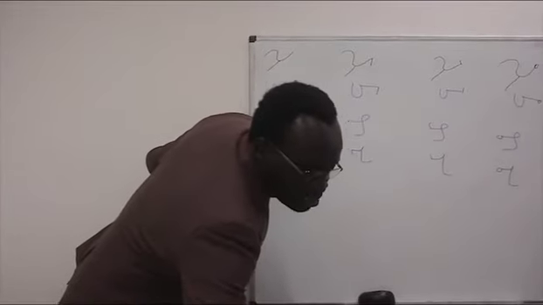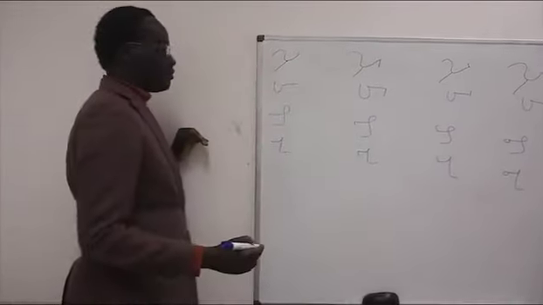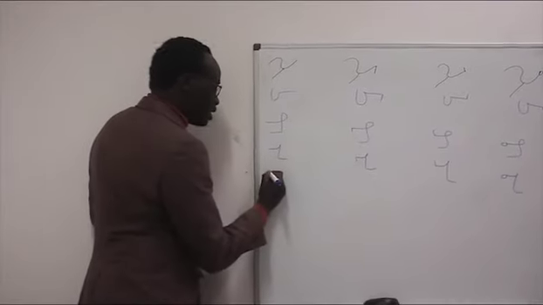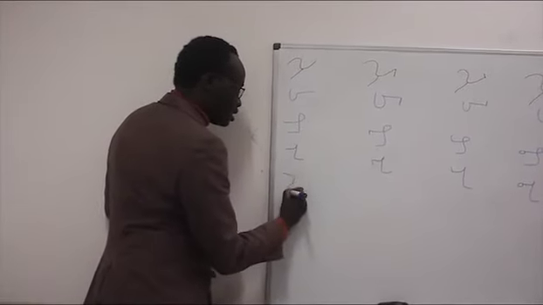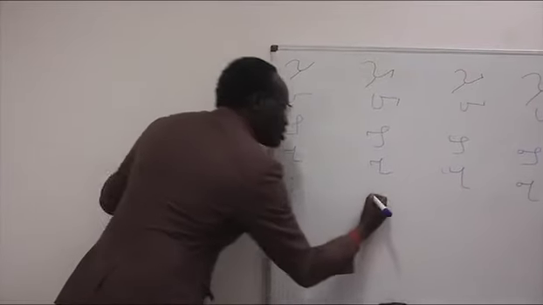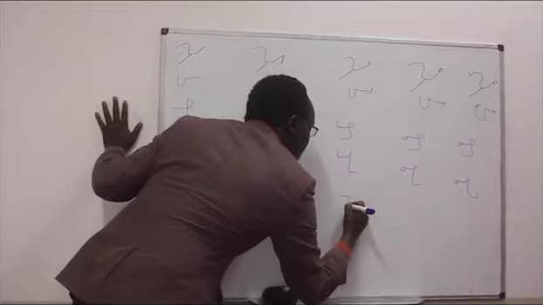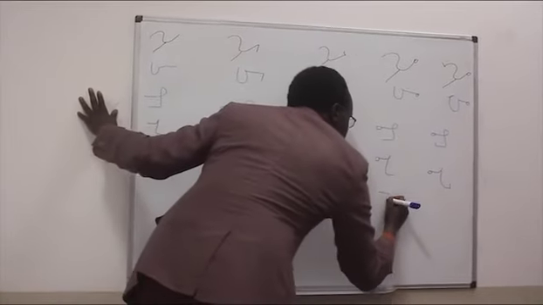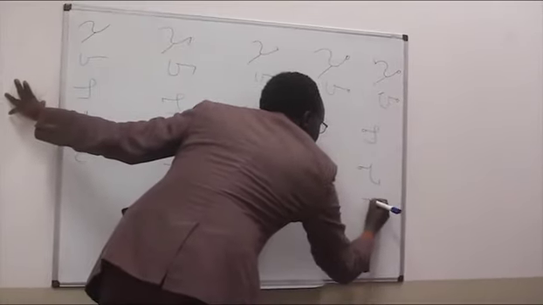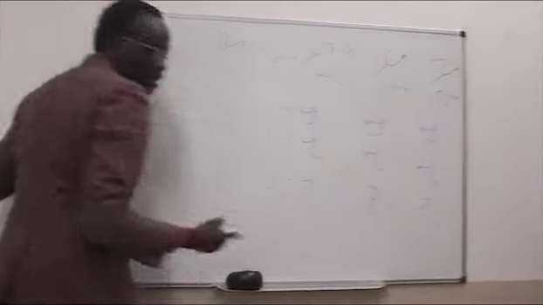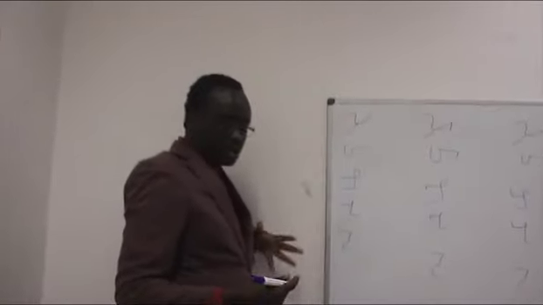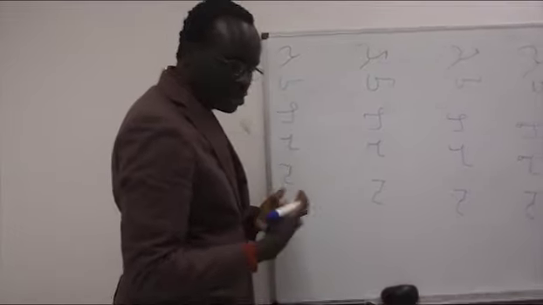After ra is what? We have sa. Sa is very simple. If you write sa, you write it this way. That is sa. So sa, we write it 5 times again, and then you can see the trends on how sa is going to be used to add vowel onto sa.